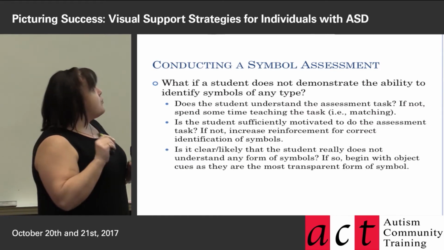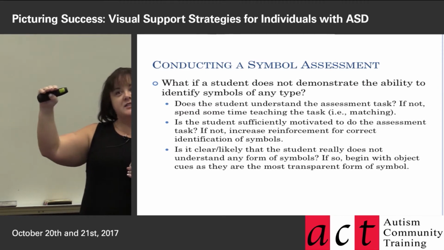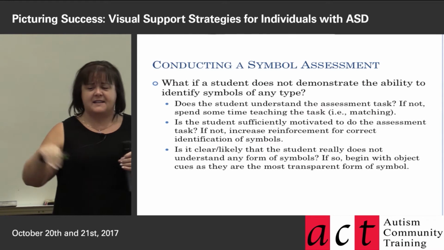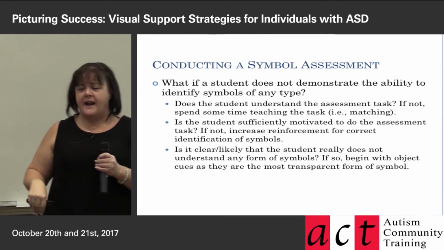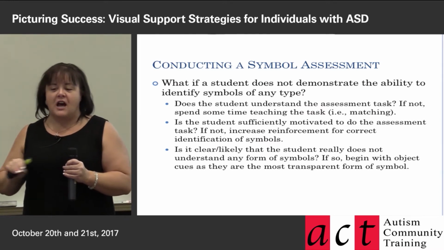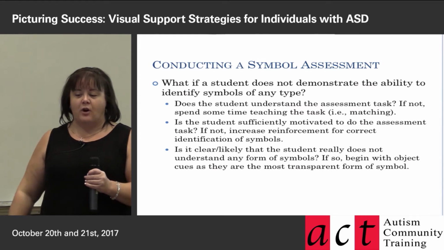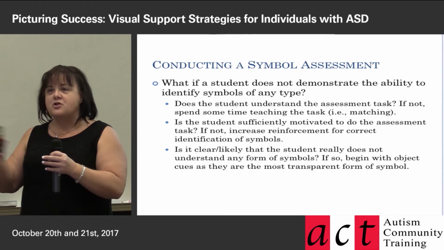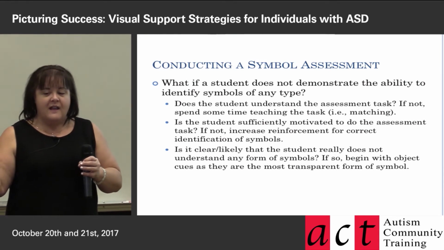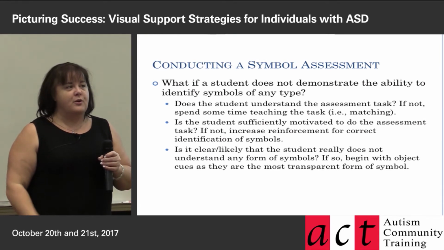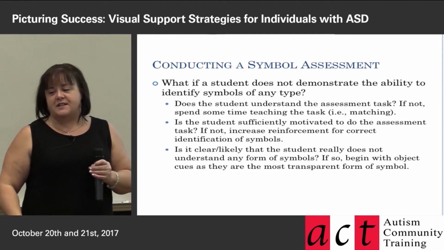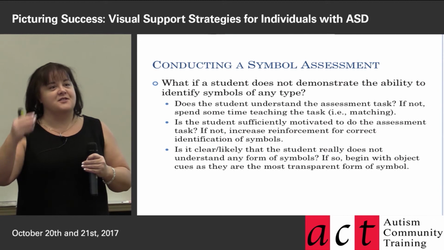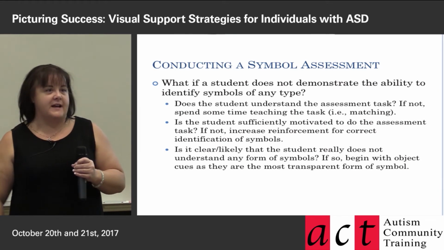At the end of the day, you want to think: have I addressed the task? Does he understand the task? I'm pretty sure he knows what the task is, he is sufficiently motivated, and he still doesn't seem to understand. If you can't get a student to demonstrate understanding of any kind of symbol, then you go to the easiest kind, which is often objects, and start with objects and teach more complex forms.